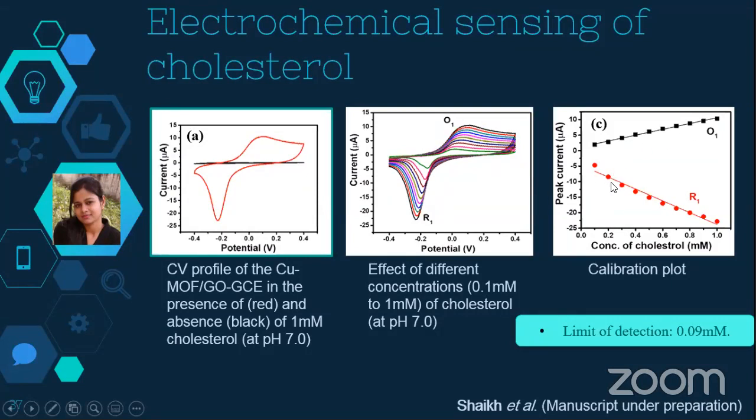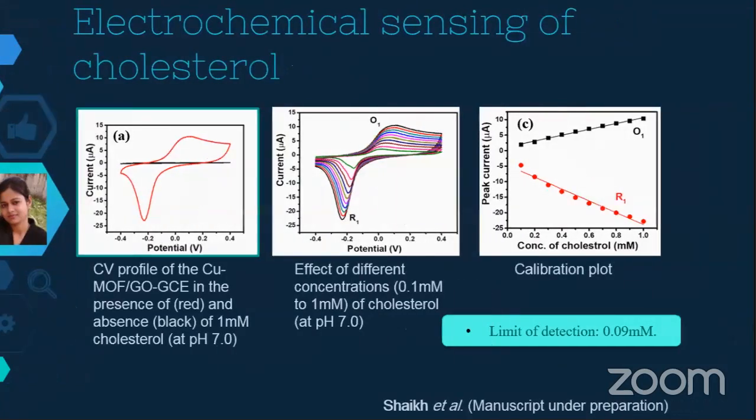And for both the oxidation and reduction peaks, the calibration plot is very linear in nature. We went up to a limit of detection of 0.09 millimolar concentration, which is what we can actually sense or analyze.